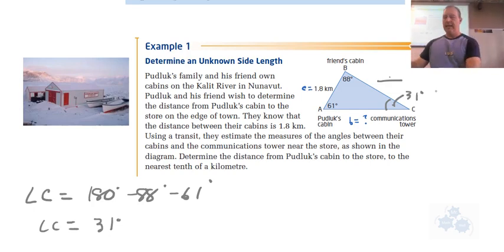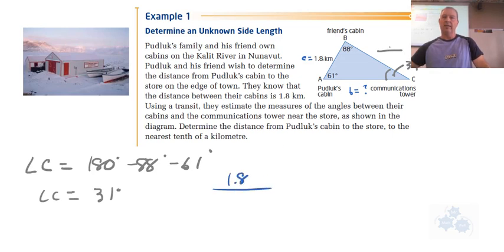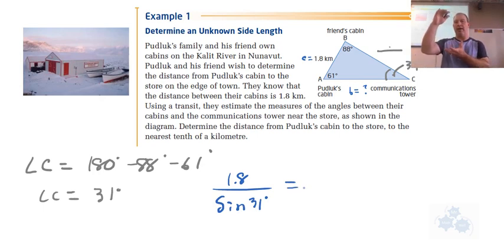Now we have a pair. We have an angle and its opposite side measured. And look at what we can do now. I can say 1.8, side C, over the sine of angle C, because those have to go together. And I can let that equal another pairing.